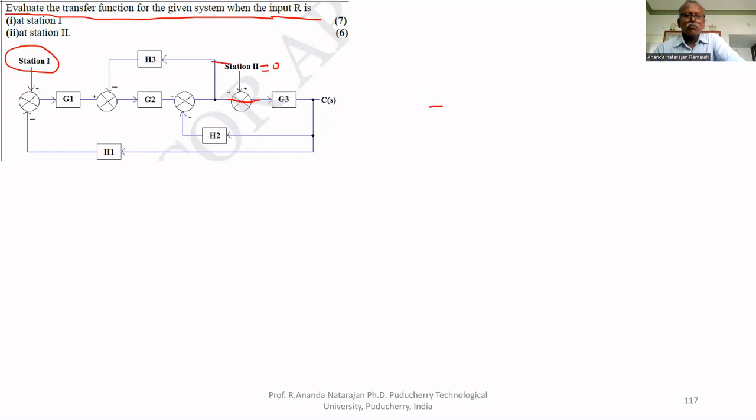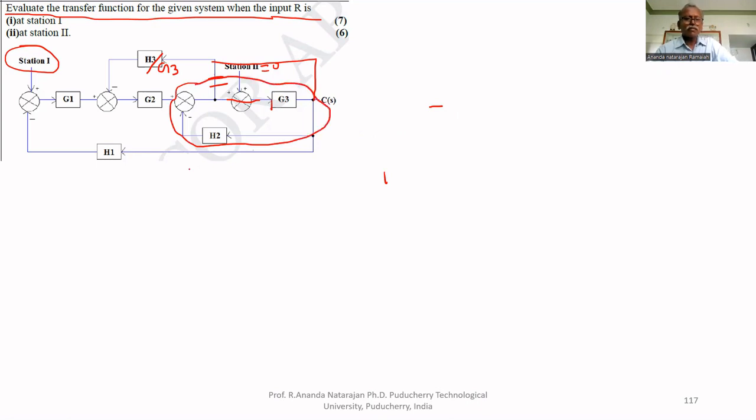Therefore, this we can move like this. So this point is removed. If you move this, this H3 will be divided by G3. That's all, H3 by G3. So that this part can be simplified first.